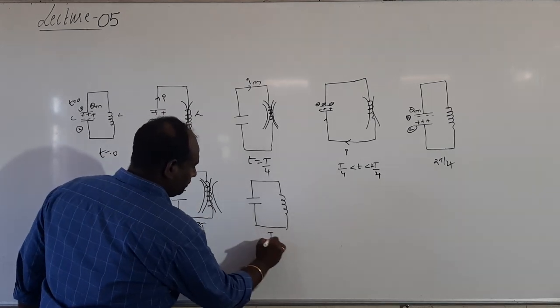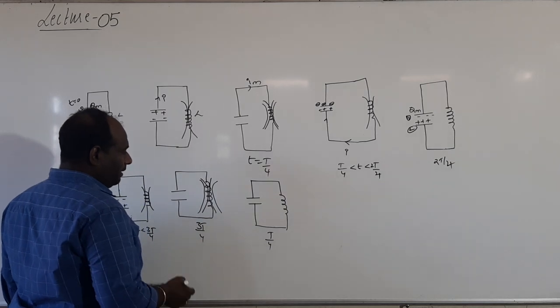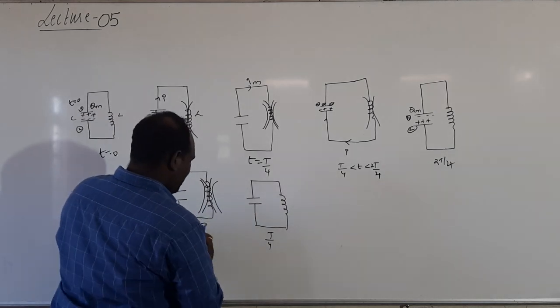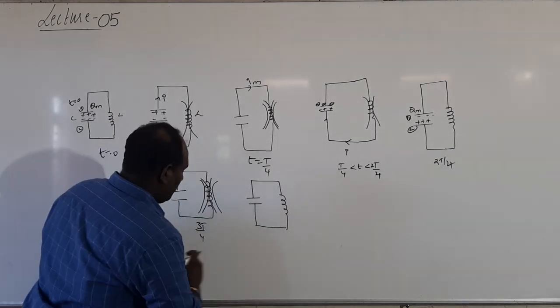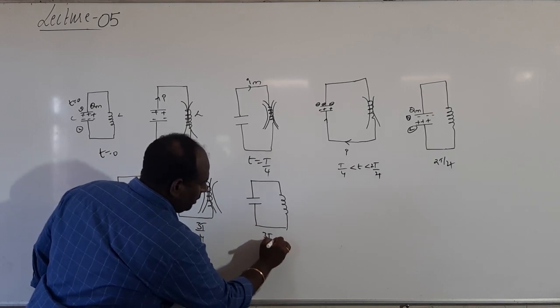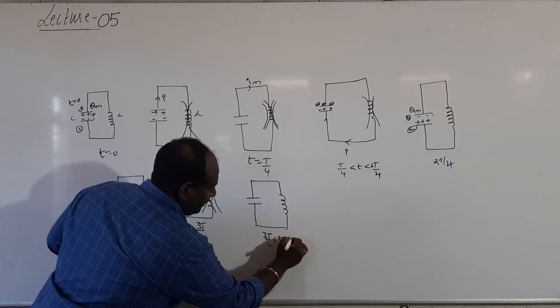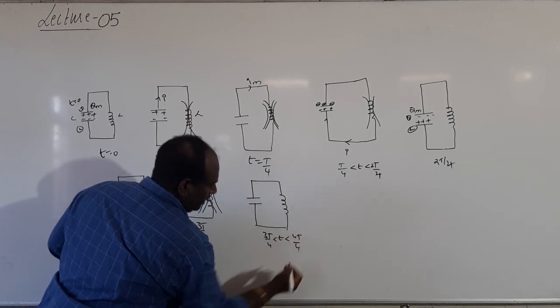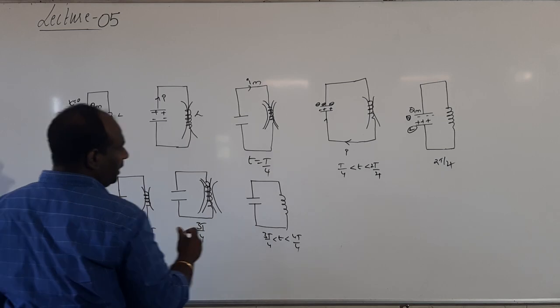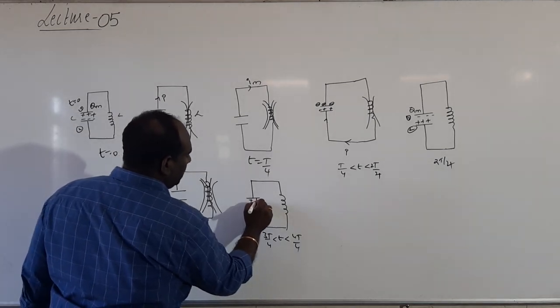From 3t/4 to 4t/4, during this process, the capacitor is charging in the reverse direction.